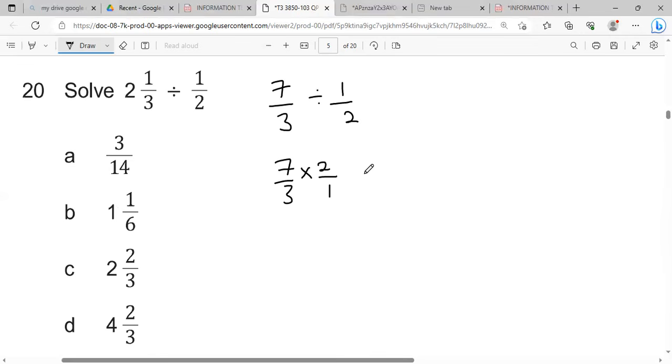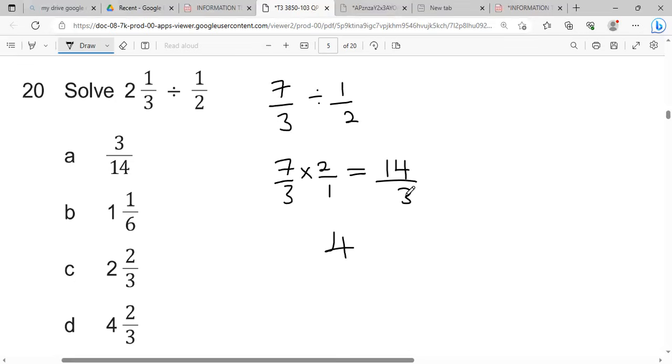So now we can multiply across, 7 times 2 is 14, 3 times 1 is 3. Now, how many groups of 3 can we get out of 14? 3 1s are 3, 3 2s are 6, 3 3s are 9, 3 4s are 12, 3 5s are 15. We'll pass it, right? So clearly we can see it's 4.